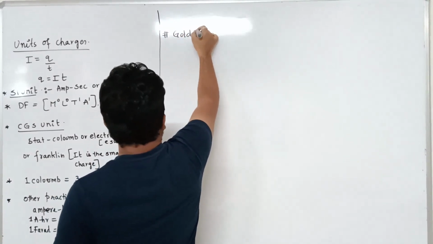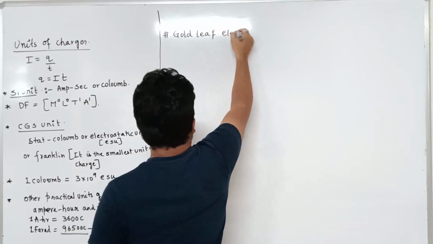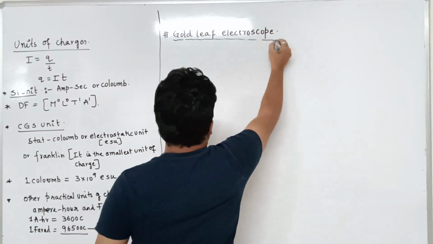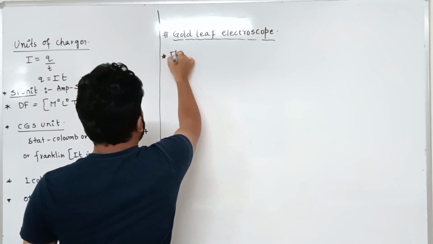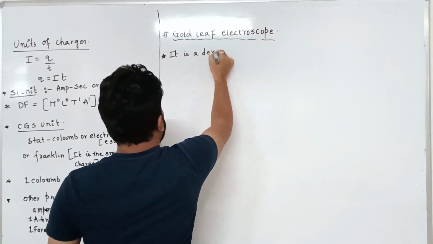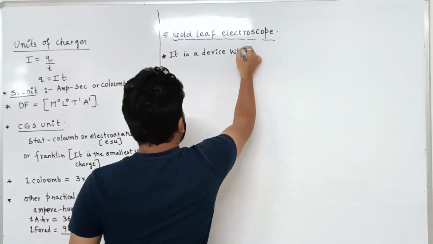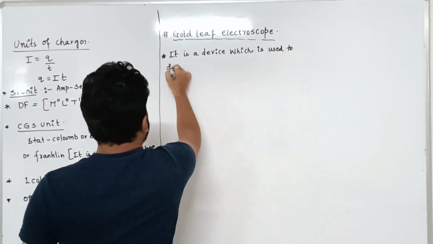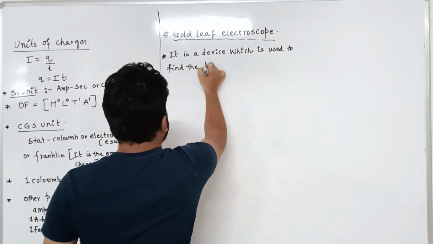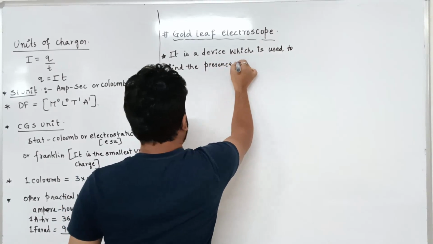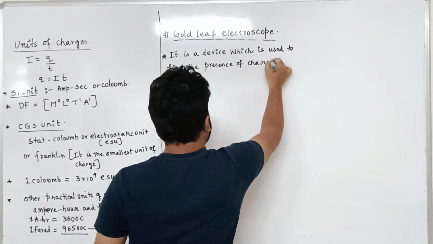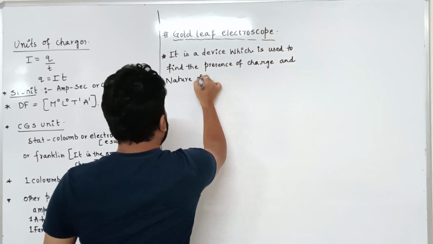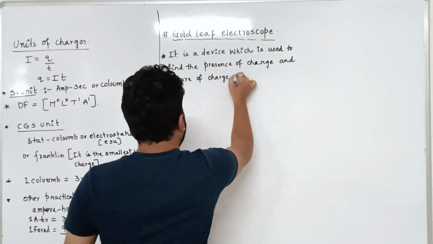So now we will see the next concept, that is the gold leaf electroscope. Basically it is a device used to find the presence of charge and the nature of charge on an object.